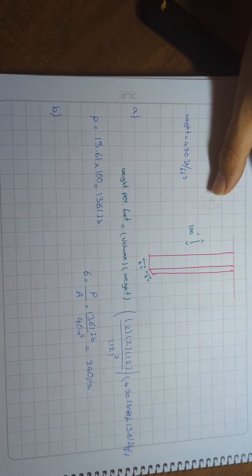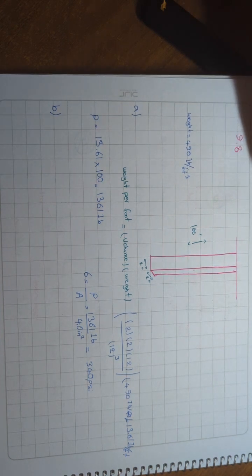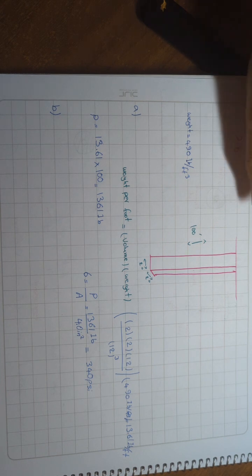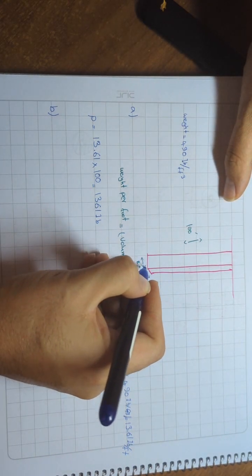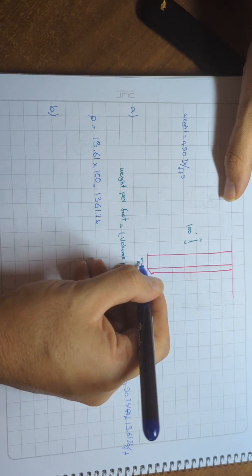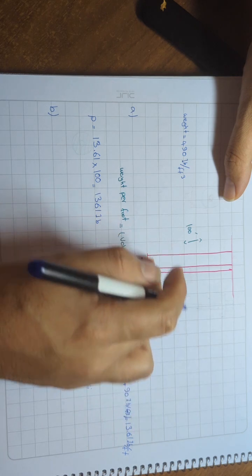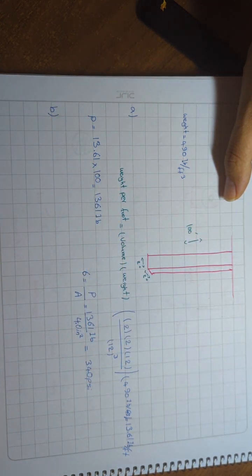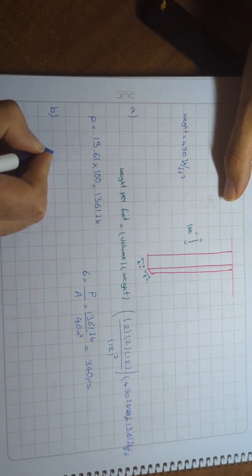And what was part B? Part B is asking us the maximum load that can be safely supported by the lower end of the bar if the allowable tensile stress is 24,000 psi. So how much load we can put on this cross section so that it does not break. Okay, so if you guys remember, for that we have to use this equation.